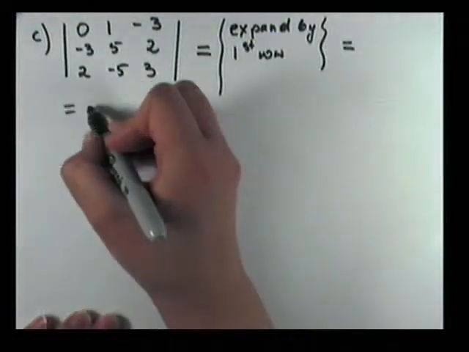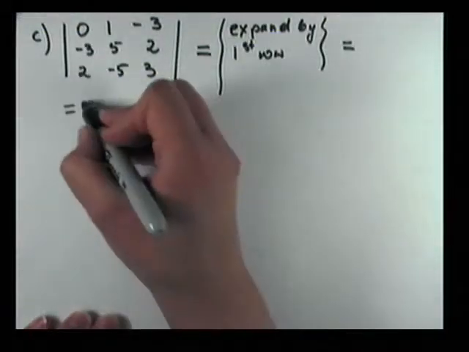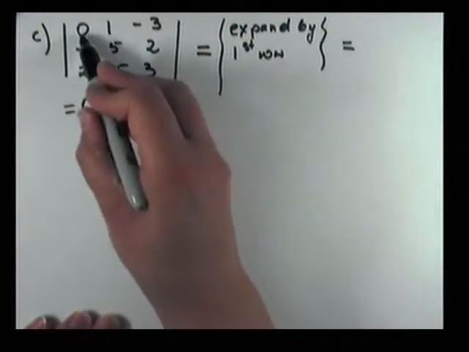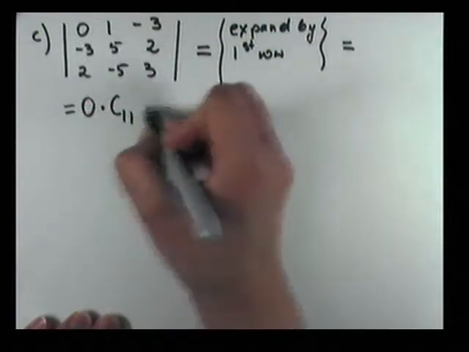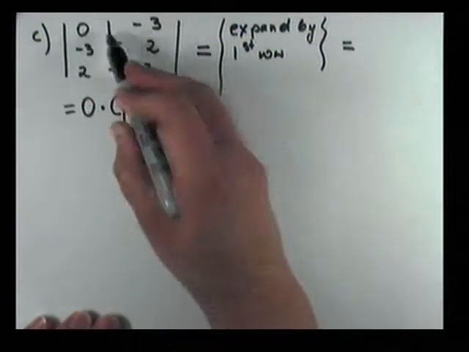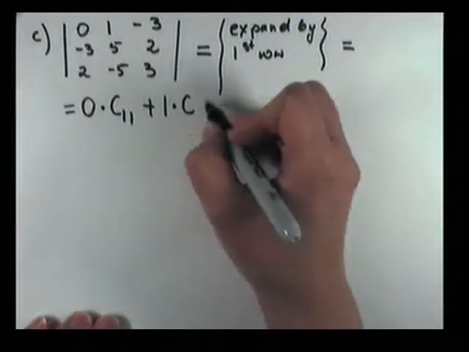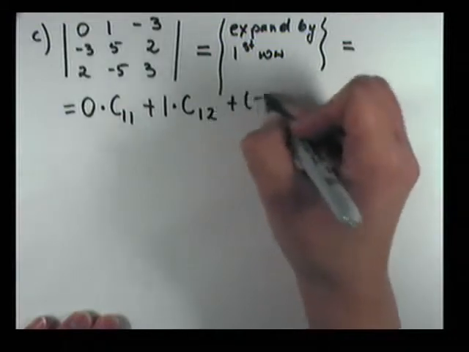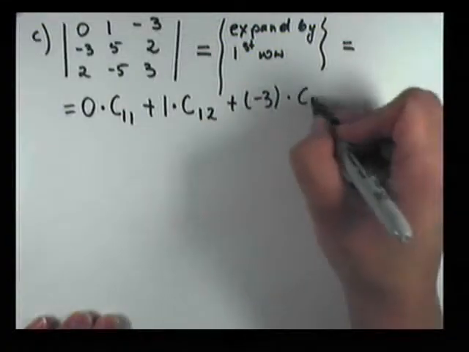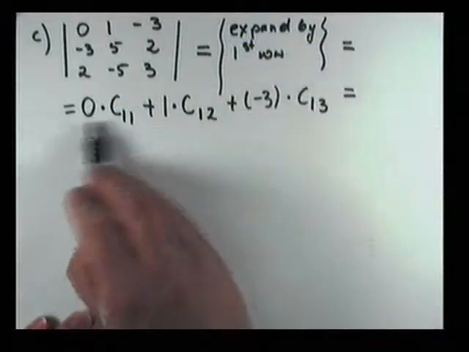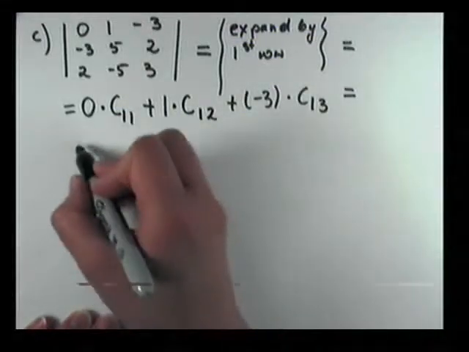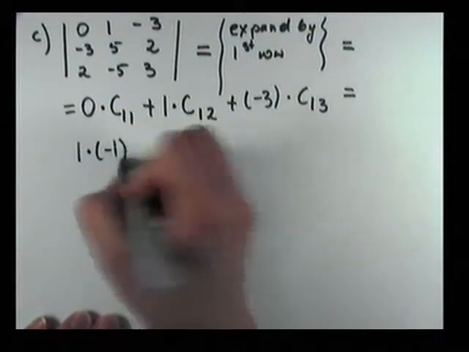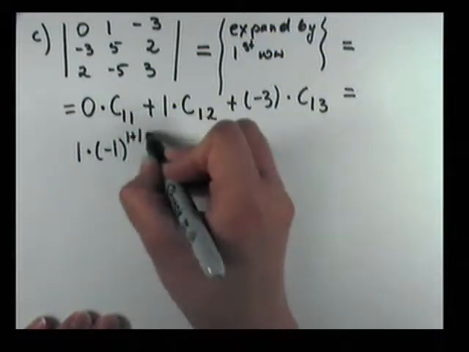So this is equal to 0 times the cofactor of 1, 1, plus 1 times the cofactor of 1, 2, plus minus 3 times the cofactor of position first row, third column. So the first term is 0 and the second one is 1 times minus 1 to the power 1 plus 1.